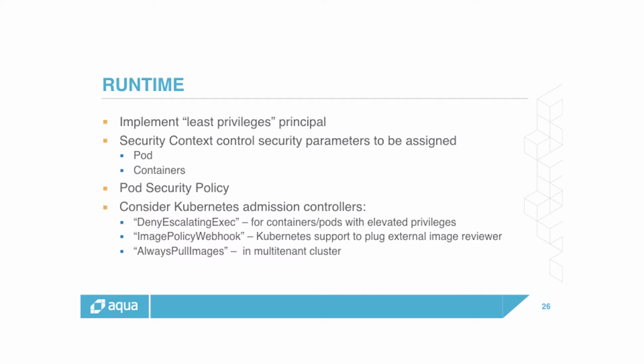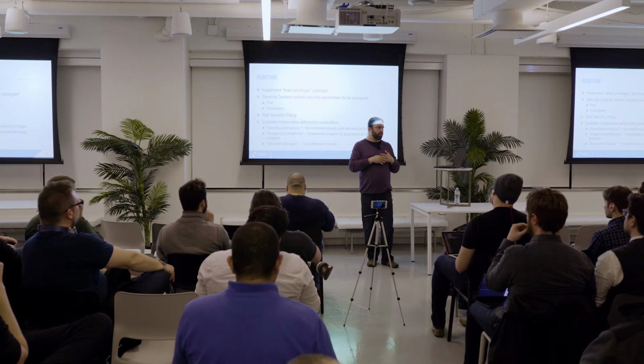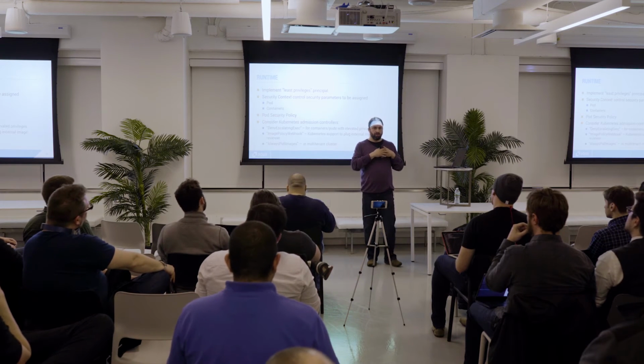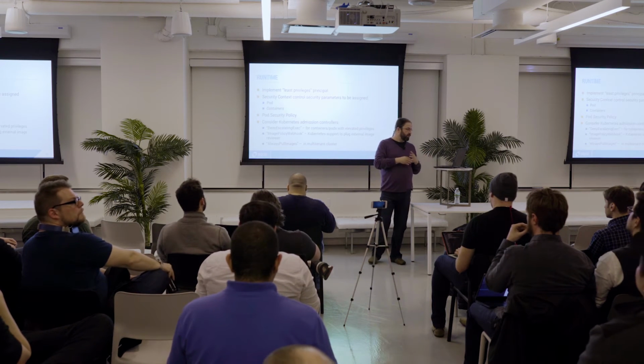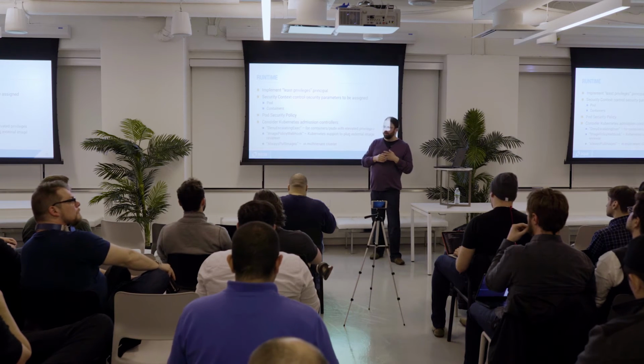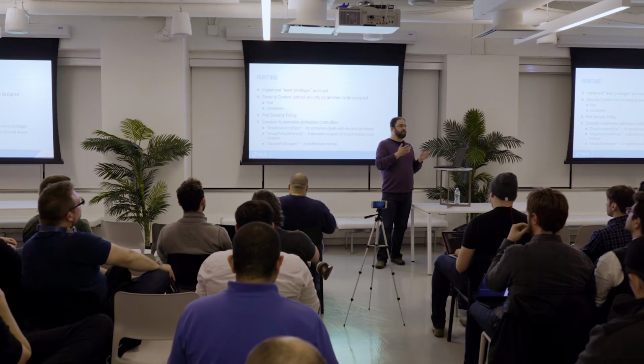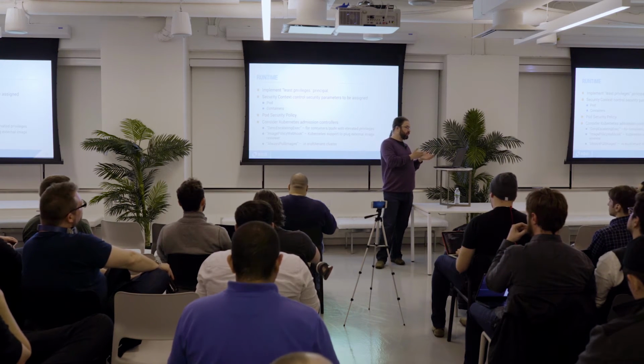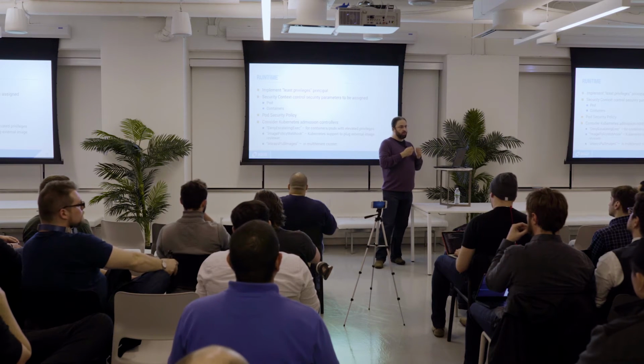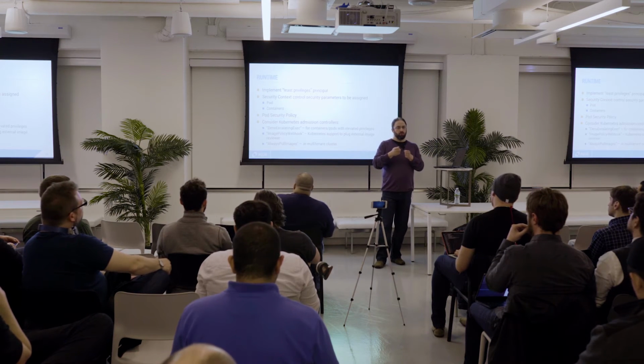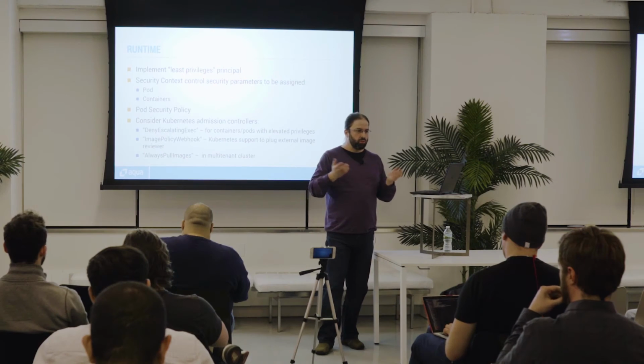The usual security mantra is you need to have least privileges on everything, on your runtime, on your network, whatever. Everything needs to be least privileged. What does it mean? It means that the process and the user, and from the network perspective, what you run needs to be able to do only what it has to do, nothing more. If I don't need to run as root, I should not run as root.